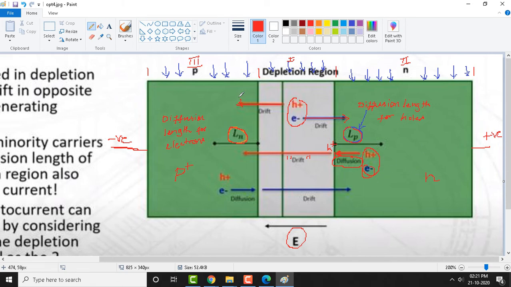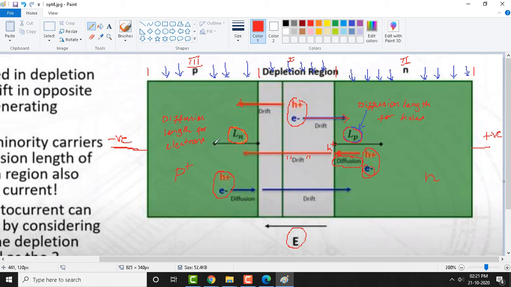If you observe the neutral p region, the same mechanism we explained for the n region occurs here. If the interaction of photons in the neutral p region creates an electron hole pair here, it happens within this diffusion length.